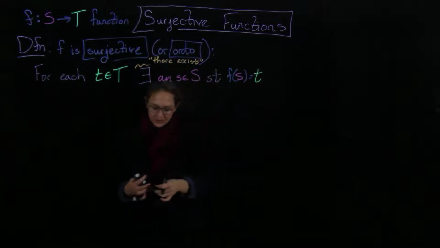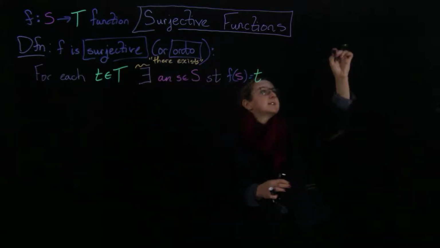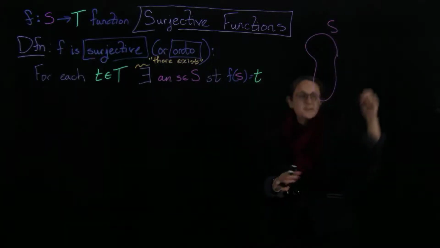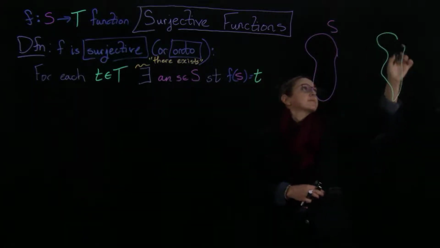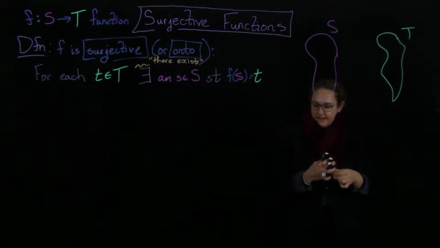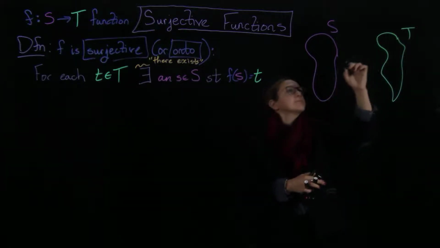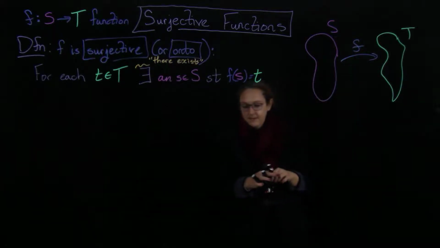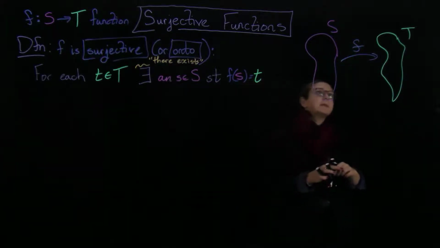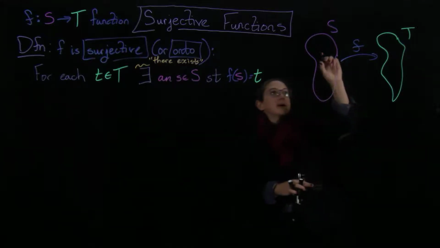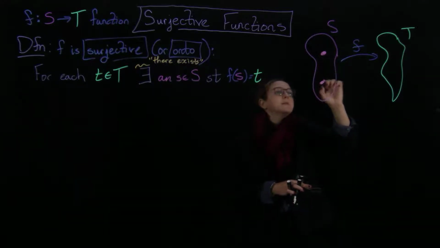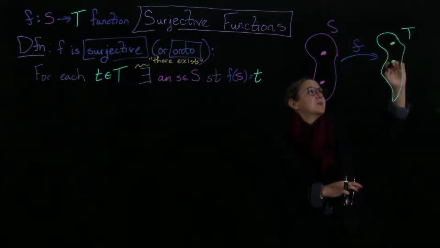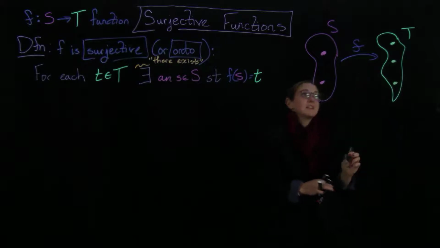The picture is that I have S over here, and I have T over here, and I have my function f, and I have some lonely t. Let's say there are only two elements in here. This is a good example, because for finite sets it does work like this.